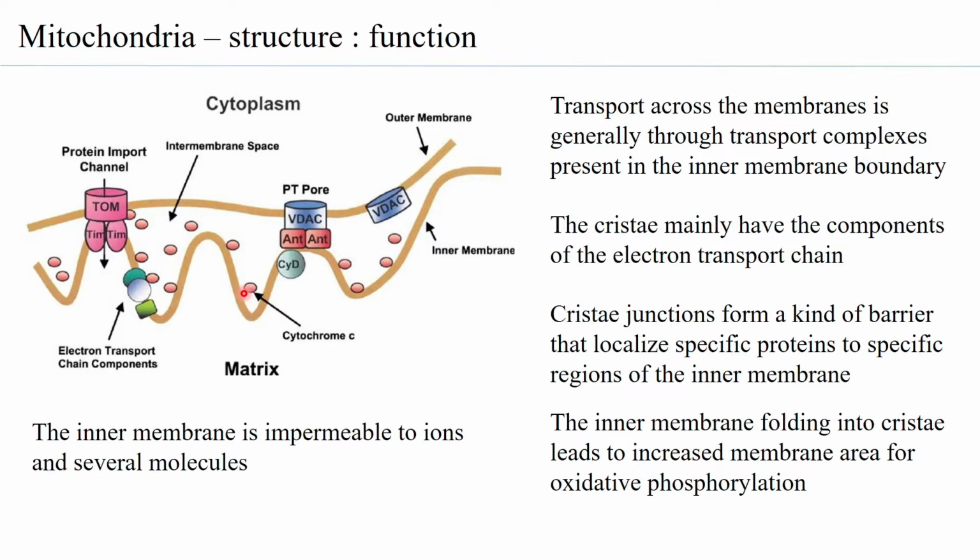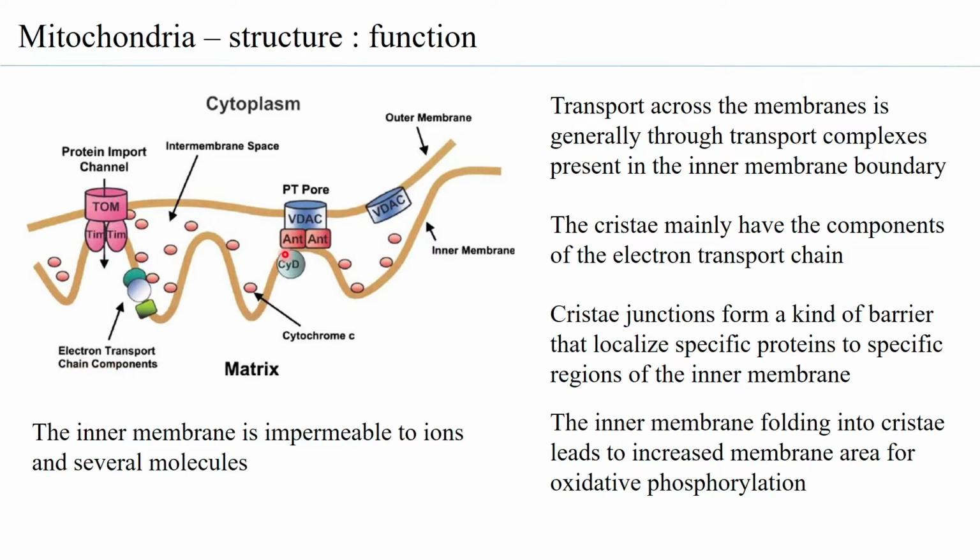Otherwise, it will not. And therefore, the inner membrane becomes very impermeable to ions and small molecules. So effectively, you cannot have protons just flowing out or in of the inner membrane. You cannot have calcium just flowing in and out of the membrane. So that is not happening. Ions do not go in and out.